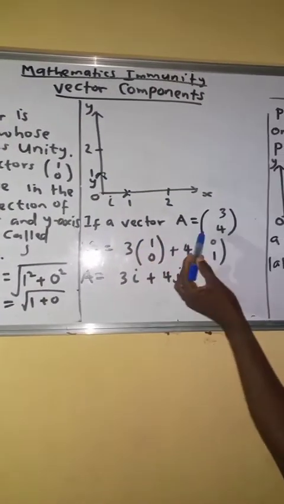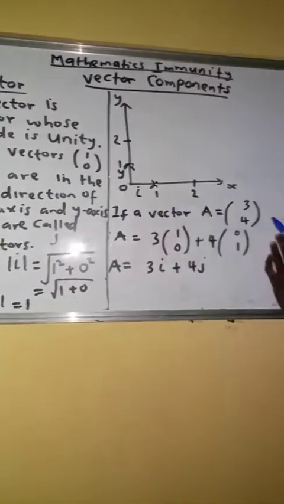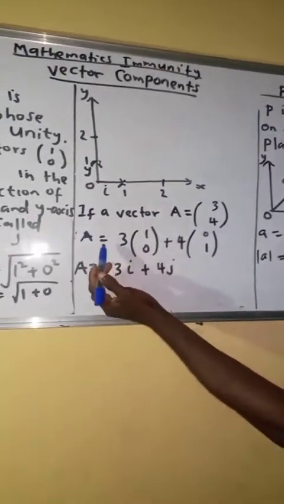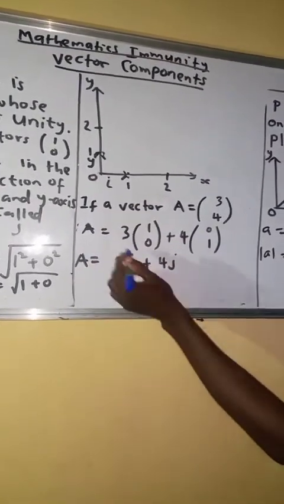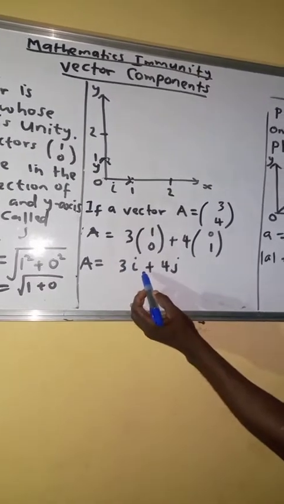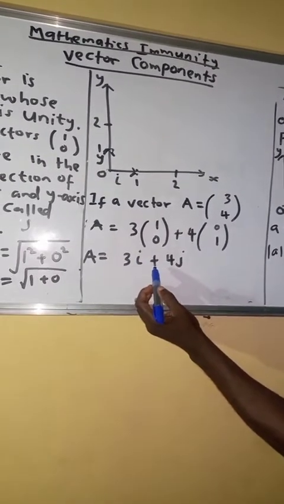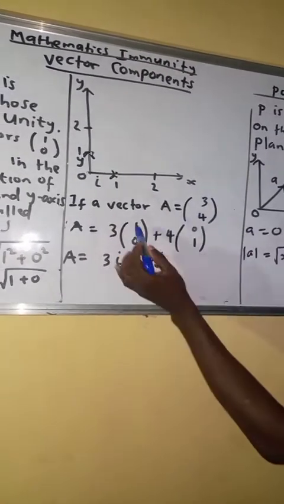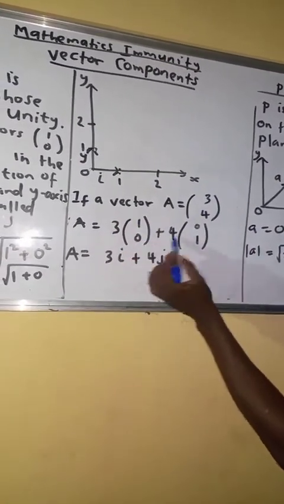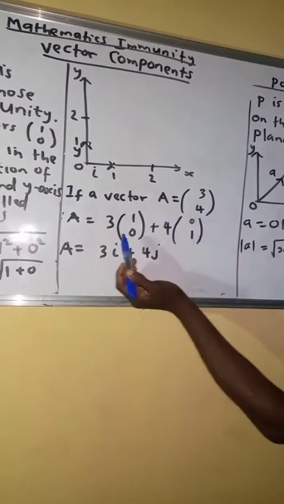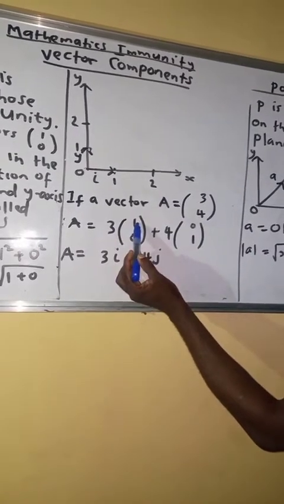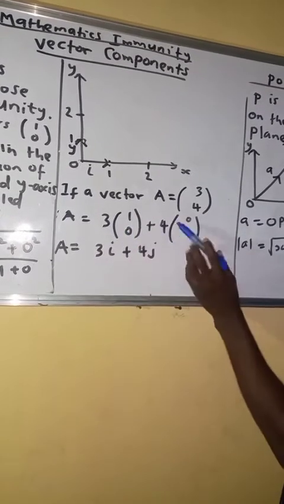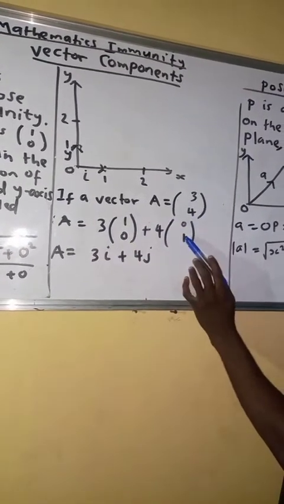If a vector A is represented in column form as (3, 4), how do we express this in component form? Component form is when it contains the i and j unit vectors. So vector A is equal to 3 times (1, 0) plus 4 times (0, 1). 3 times 1 is 3 and 3 times 0 is 0. 4 times 0 is 0, 4 times 1 is 4.